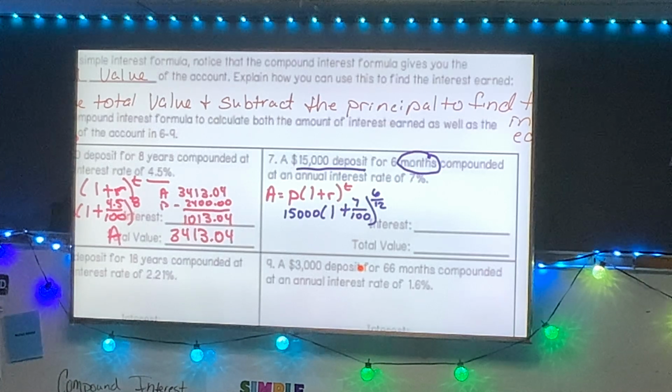Alpha y equals 7/100. Close that parentheses. Make sure you get out from underneath your fraction though before you close your parentheses. And then you're going to do your carrot top, and you're going to have to hit alpha y equal again to do 6/12.